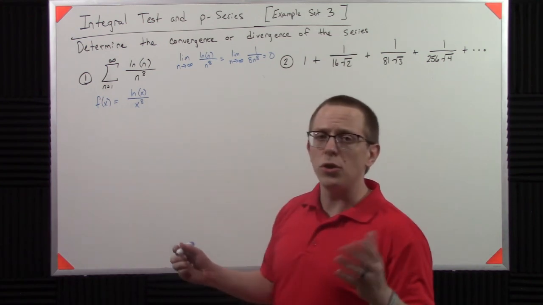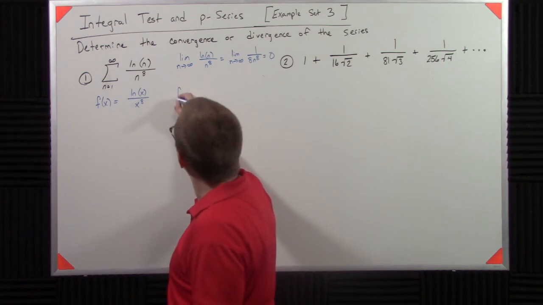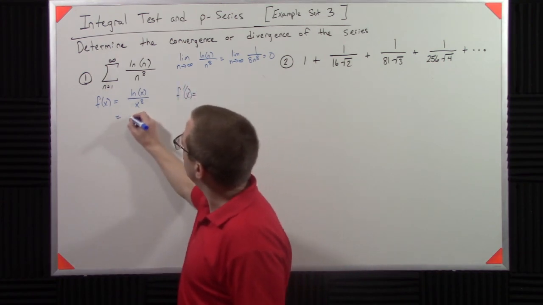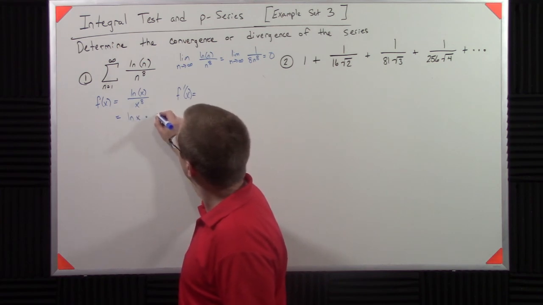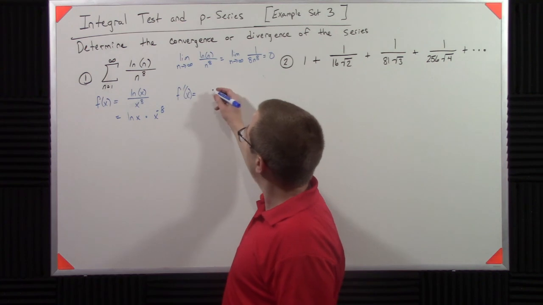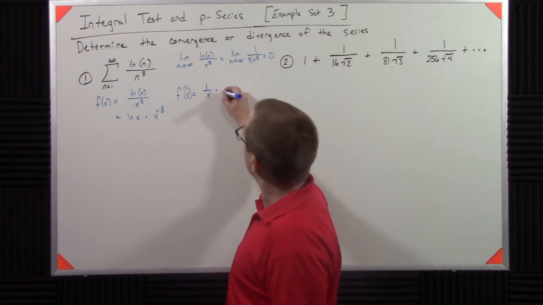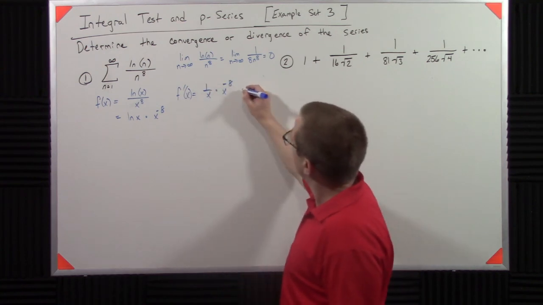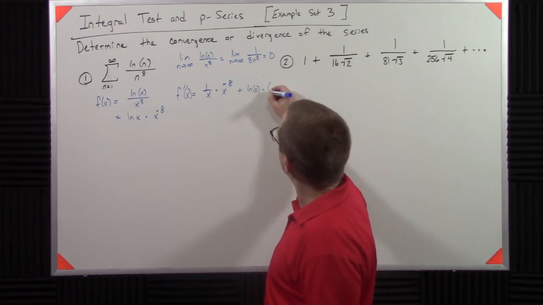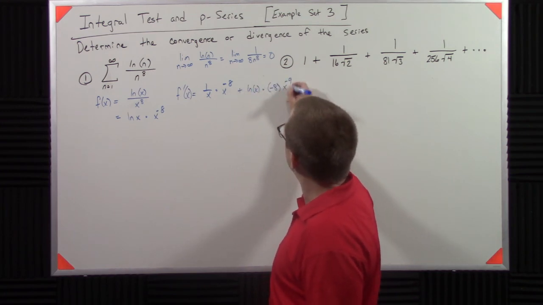So if we take the derivative, I'm going to rewrite this that way, because I'm going to use a product rule here. So the derivative is 1 over x times x to the negative 8 plus natural log of x times negative 8 x to the negative 9.